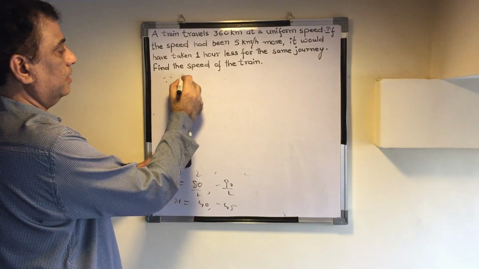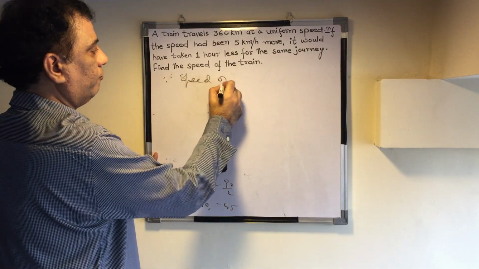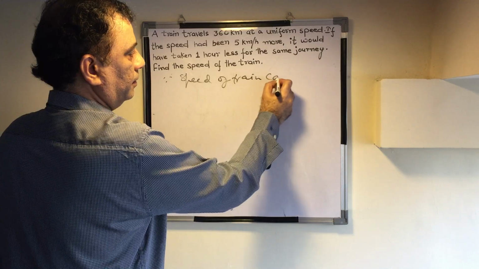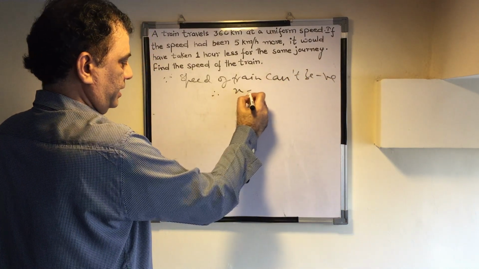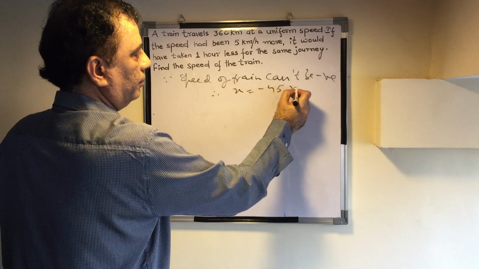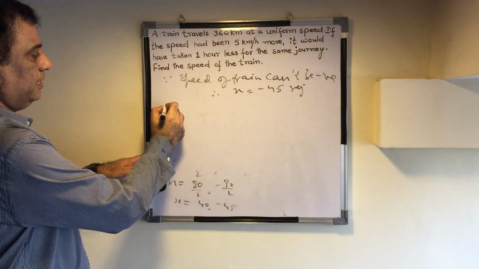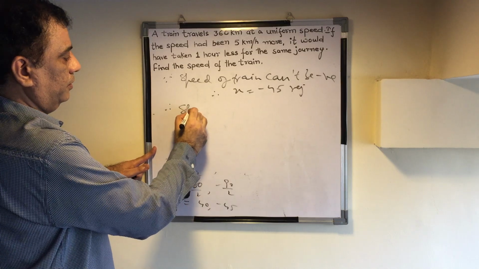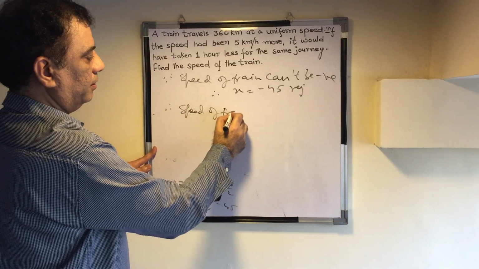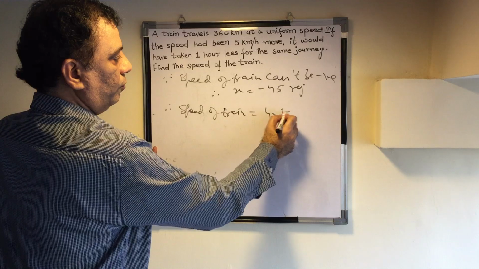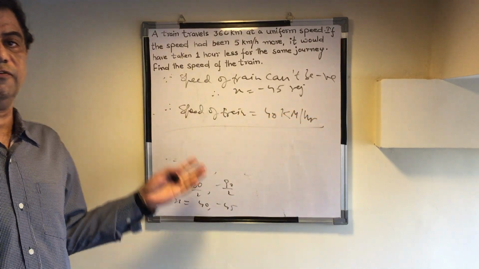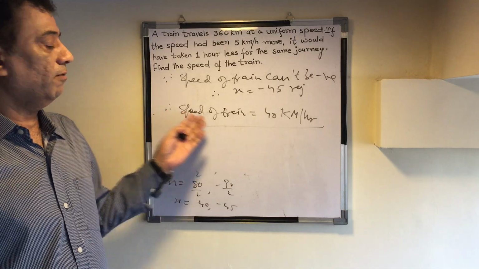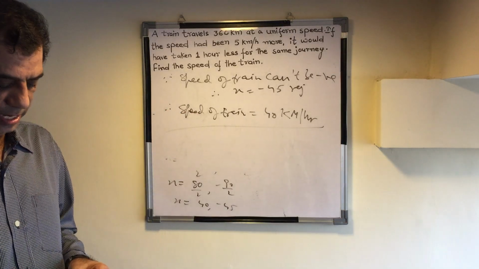We will write: since the speed of the train cannot be negative, therefore x equals minus 45 is rejected. Hence, the speed of the train will be equal to 40 km/h. So the speed of the train in this question is 40 km/h.